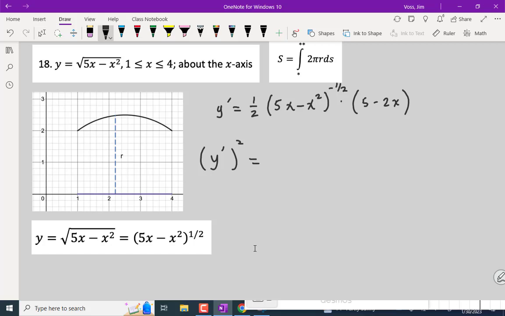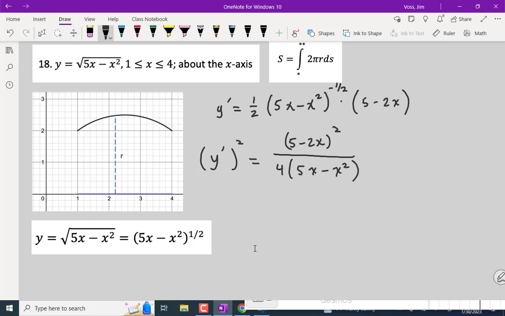Then I think the bottom one you said was right. Okay. Then you foiled it. So that is what you should get for the square of y prime. And you can definitely FOIL out that numerator.